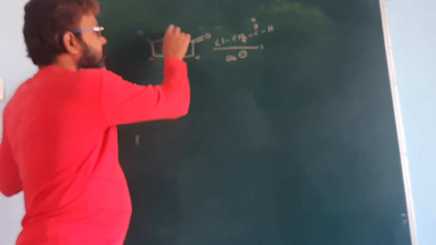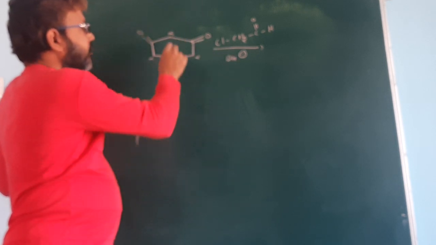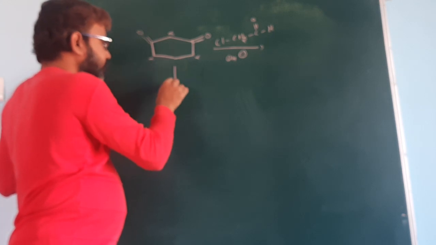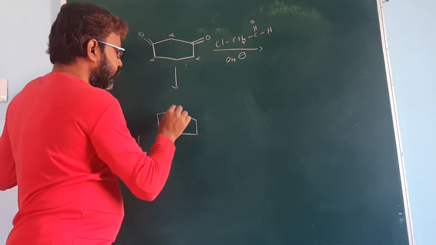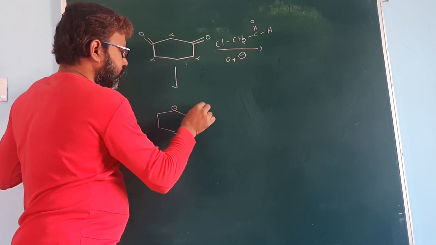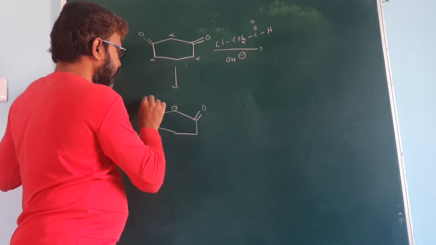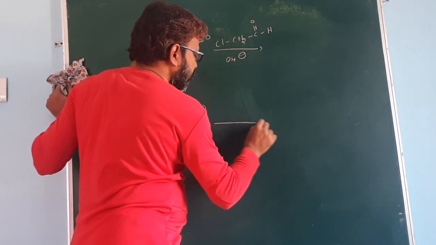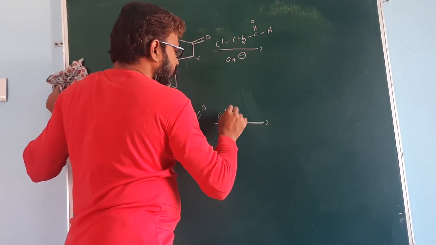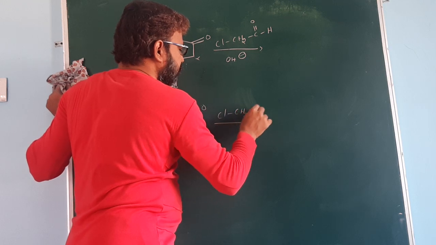Now OH minus abstracts the proton from this carbon, and we get a carbanion. Now the reaction takes place with chloroacetaldehyde.